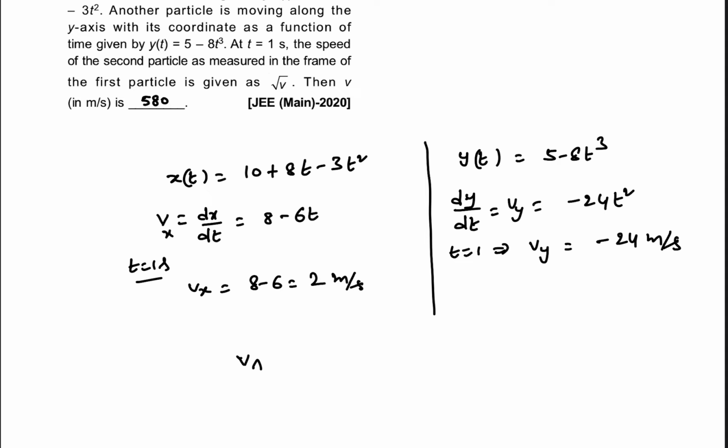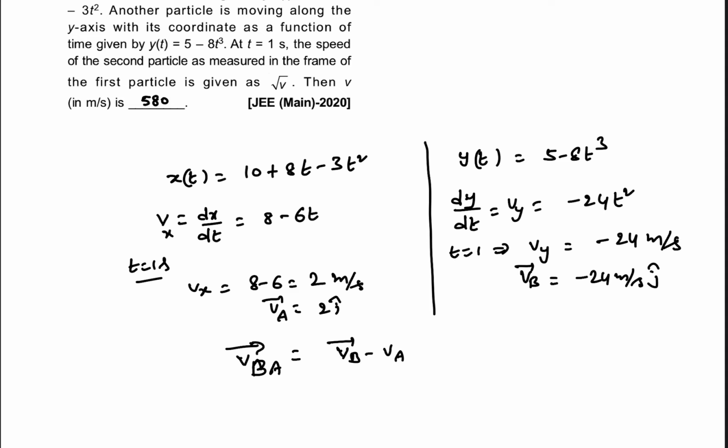Now what is the velocity of the second particle as measured in the frame of the first, they are asking. Velocity of B with respect to A: velocity of B is equal to minus 24 meter per second j cap.